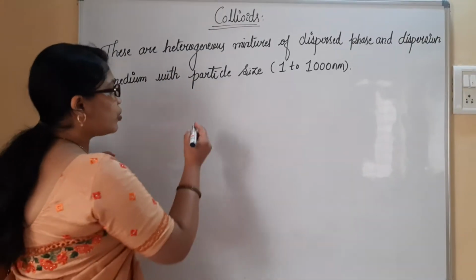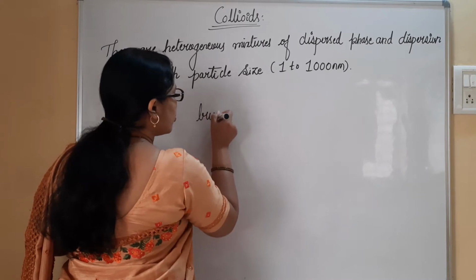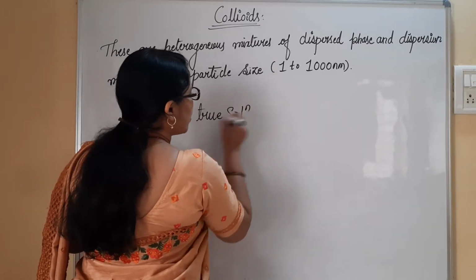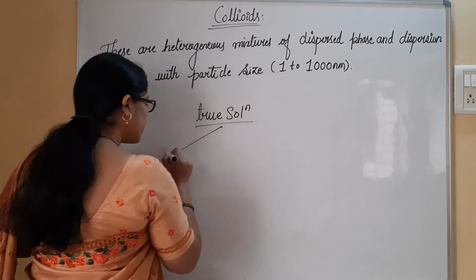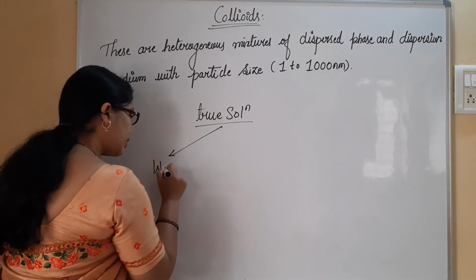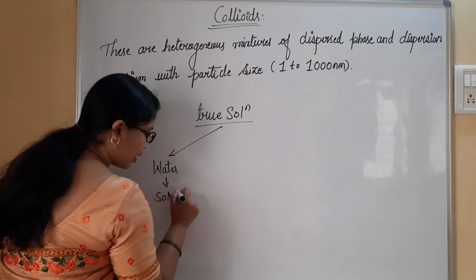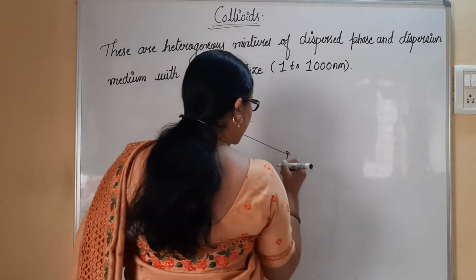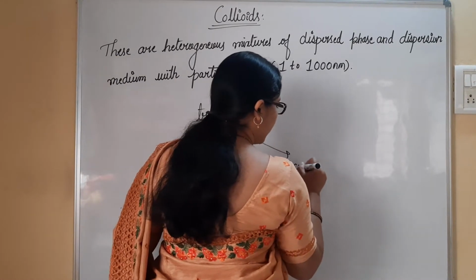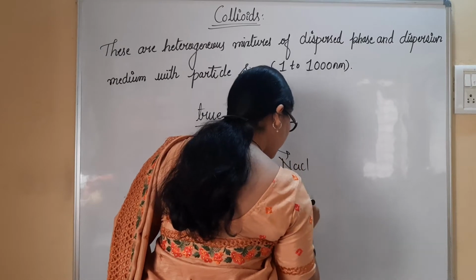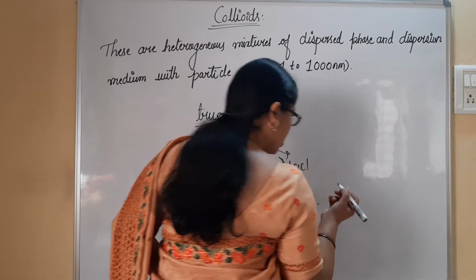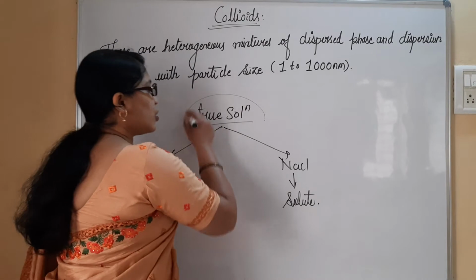As I told you, true solution. The example I had given, true solution, was water and salt. We can call water the solvent. Then we had taken salt, NaCl. Can we call it a solute? This is in the case of a solution.